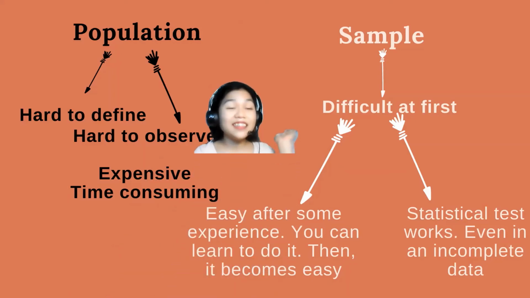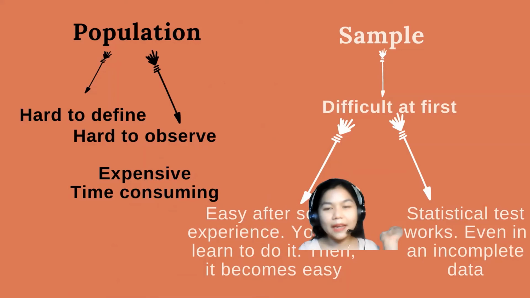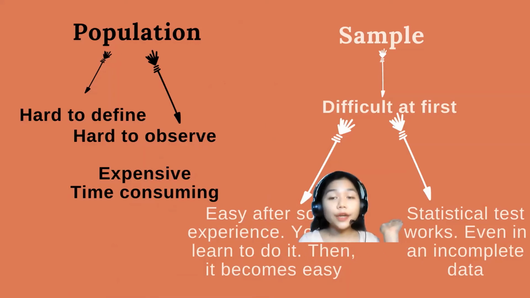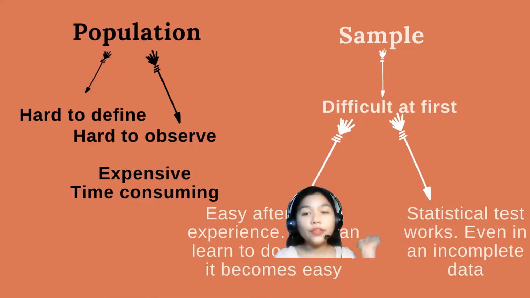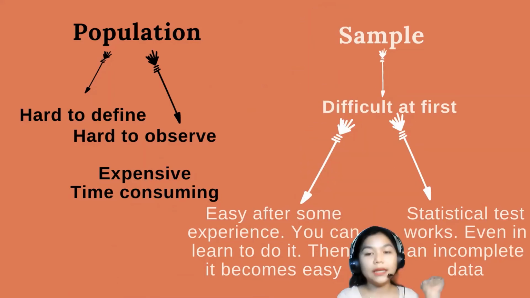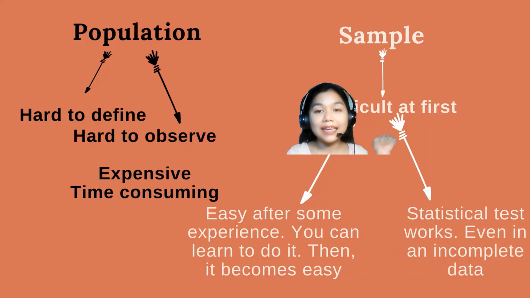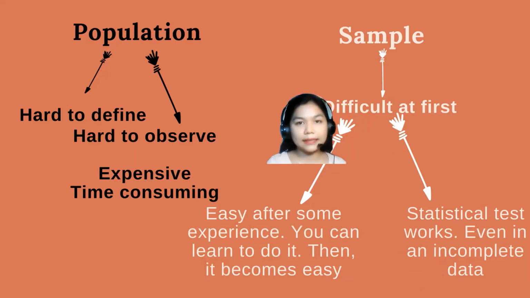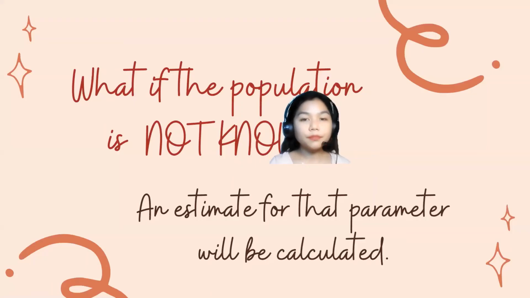Right? Diba? Practice. Good practice. Okay? And statistical tests actually work in a sample, even if the data is incomplete. Okay? It could be incomplete kasi nga, it's just a part or subset of the population.